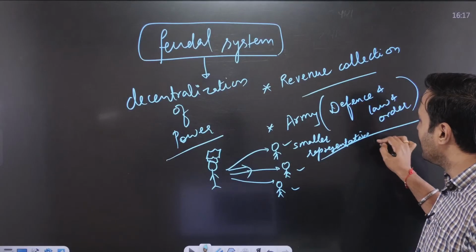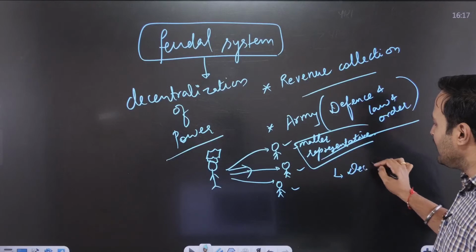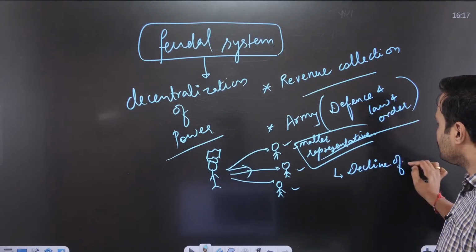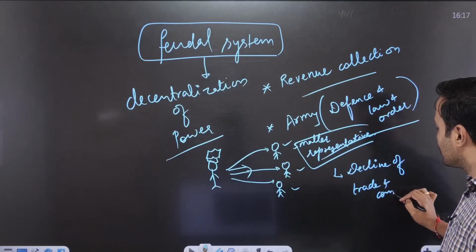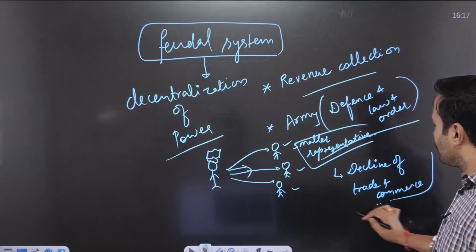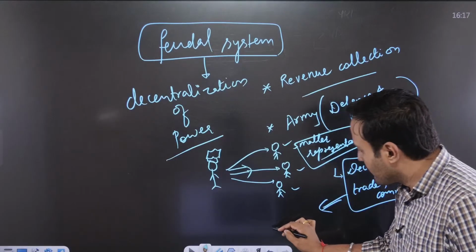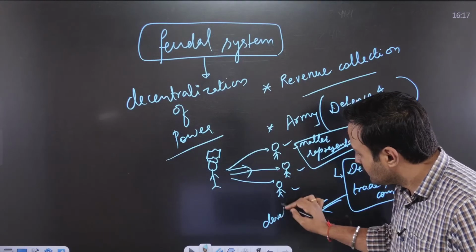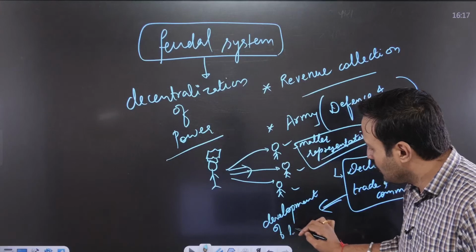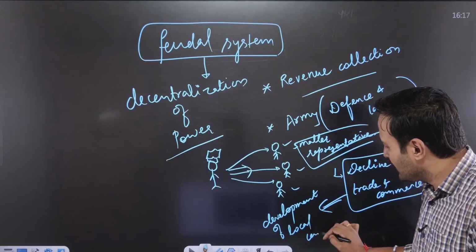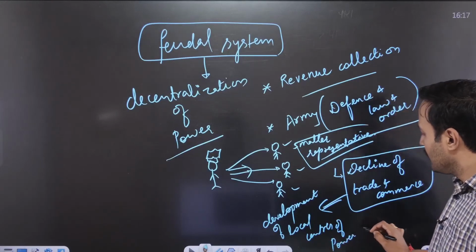So what will happen is that when there will be the decline of trade and commerce in India, that will in fact lead to the development of local centers of power. Why?